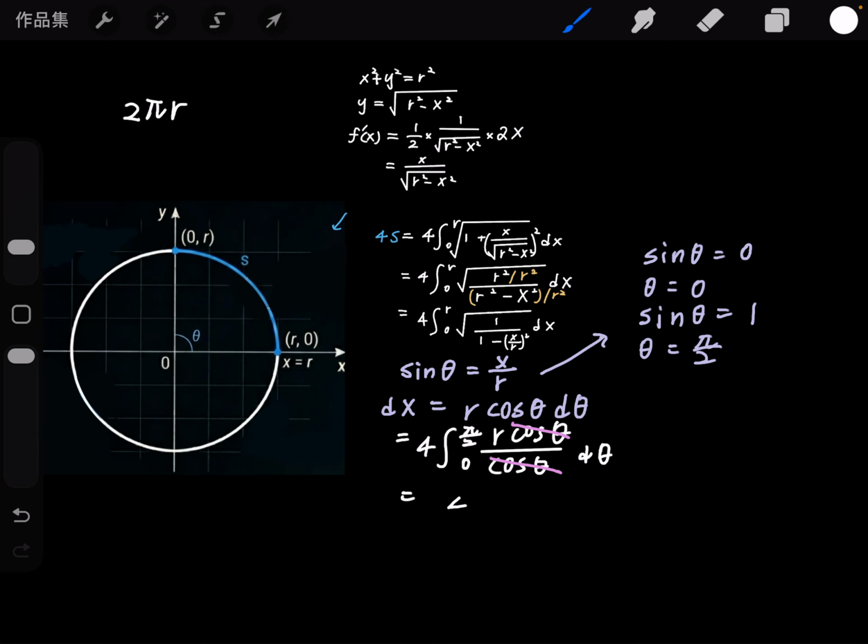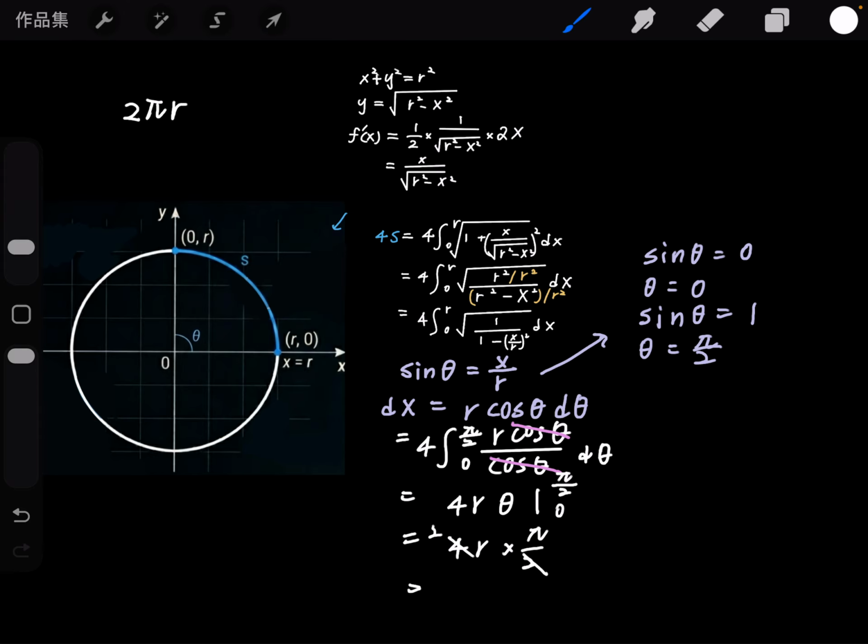which will be 4r theta from 0 to pi over 2. Because 0 times anything is 0, you will only have 4 times r times pi over 2, which you can cancel the 2s.